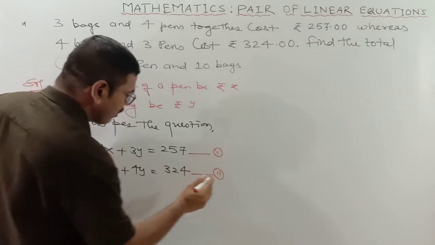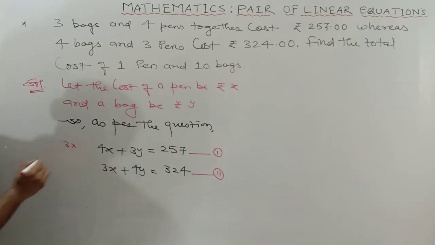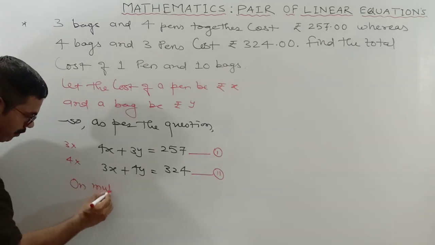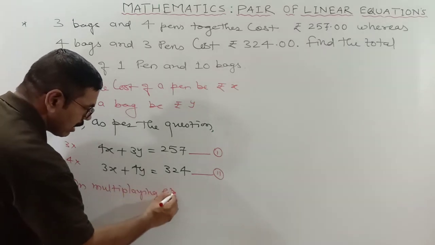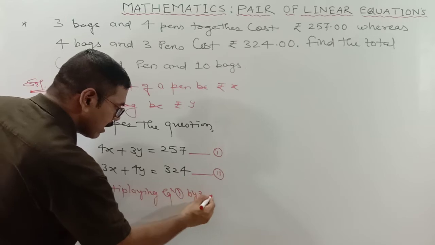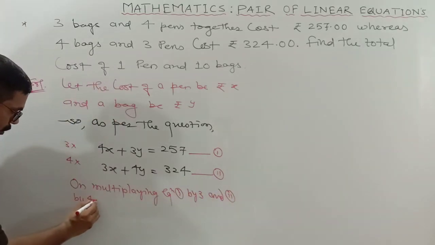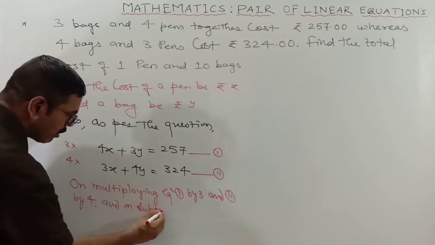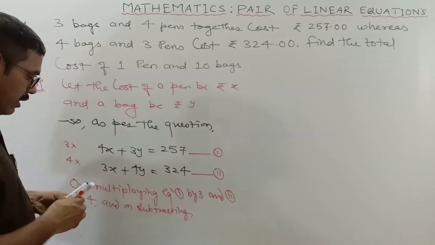Now we'll have to solve both the equations. Okay, so we may multiply this by 3 and this by 4 and then subtract. So on multiplying equation 1 by 3 and equation 2 by 4 and on subtracting, see, we are just doing that operation.